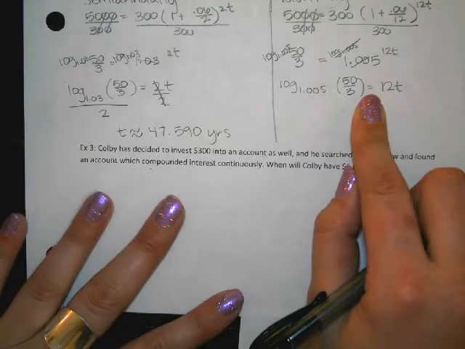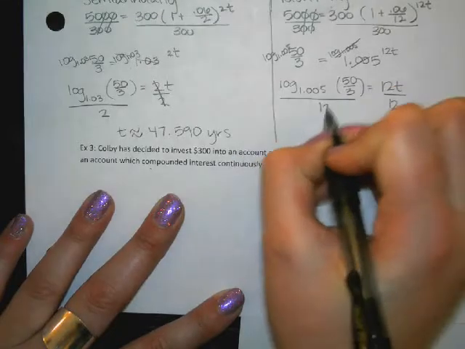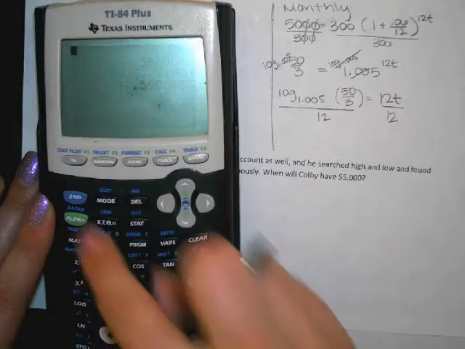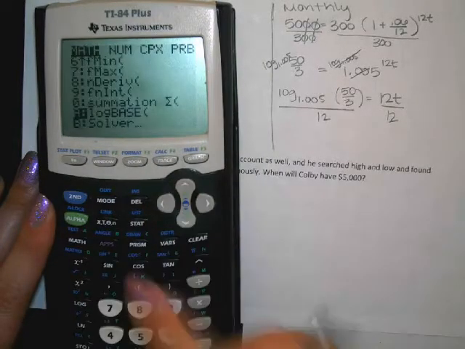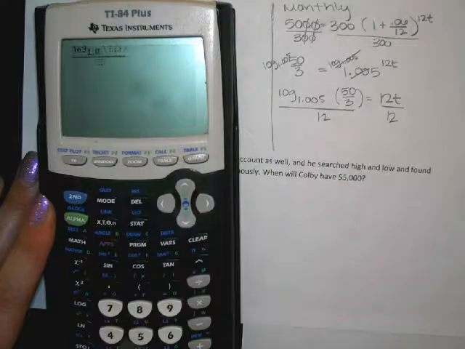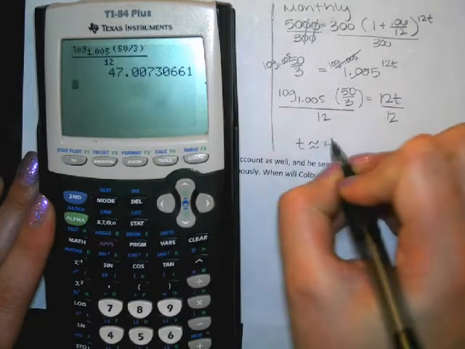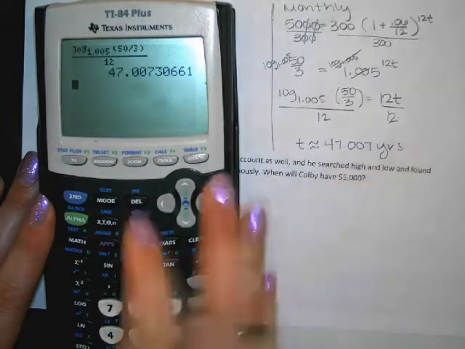All right. What do I do now? Divide by 12. Okay. And then I have to plug this in. All right.